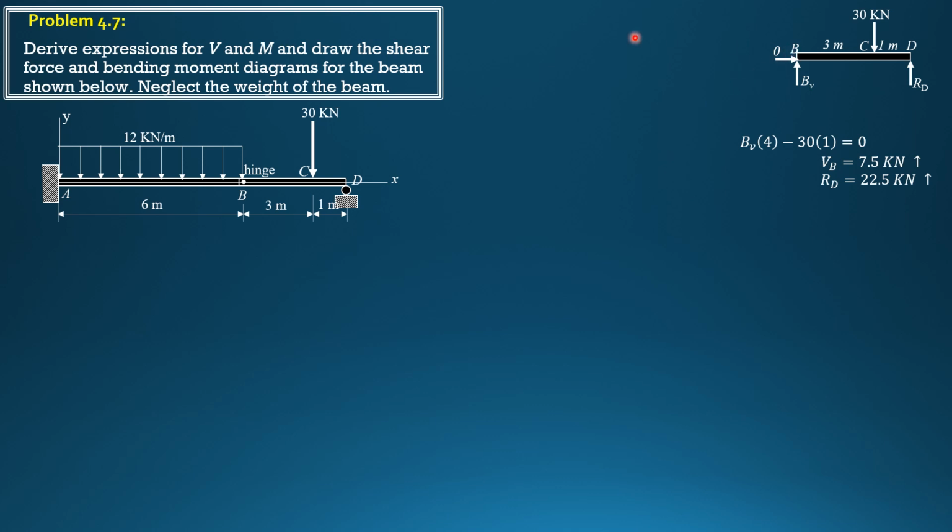Then we draw the left portion of the free body diagram of this beam, AB. Then let's transmit Vb, which is 7.5 upward here, by action-reaction principle. It is downward here. So AY can now be computed. Summation of forces in Y: AY equals 12 times 6 plus 7.5.